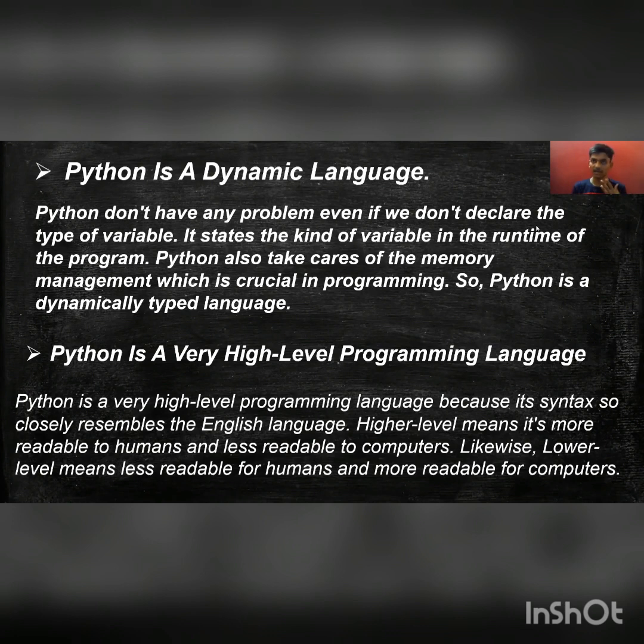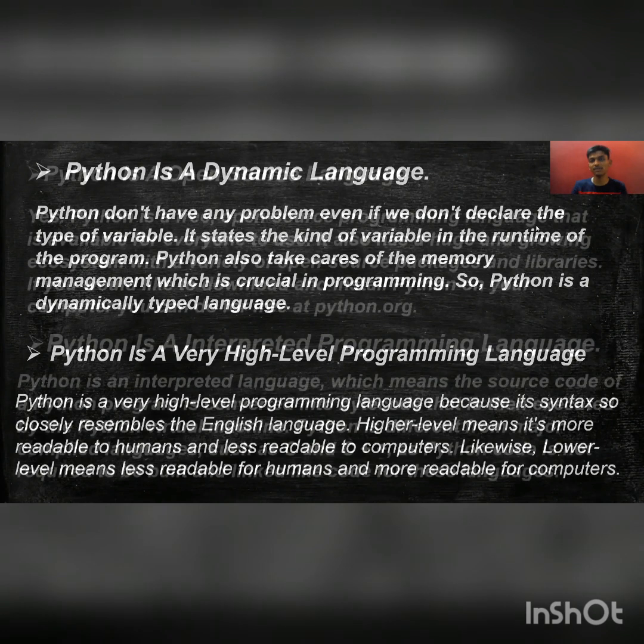Python is a higher level language. Why? Because it is more readable to humans when compared to computers. And what is meant by less readable? Less readable means more readable for computers when compared to human beings. It is vice versa. That is the reason why Python is a very high level programming language.